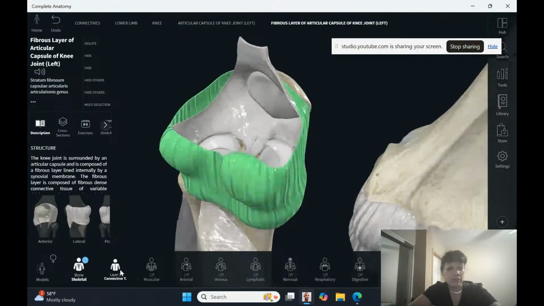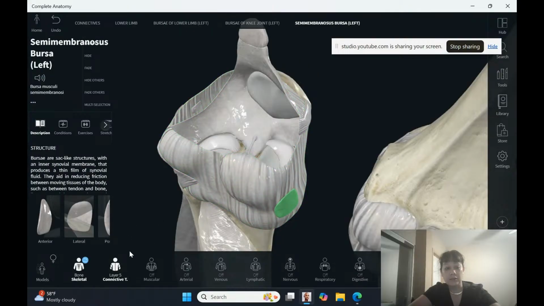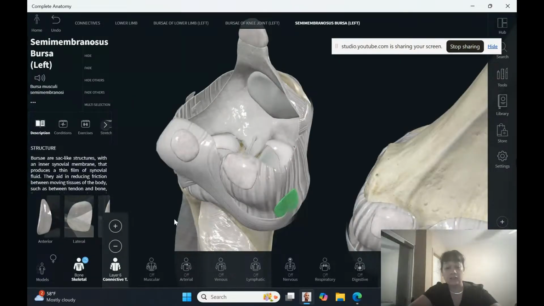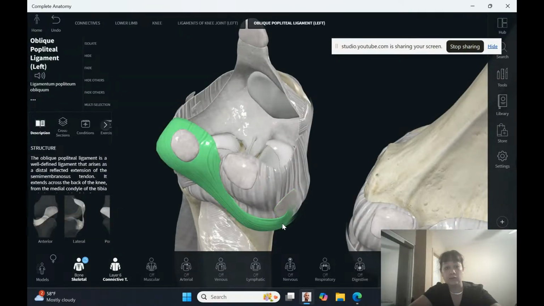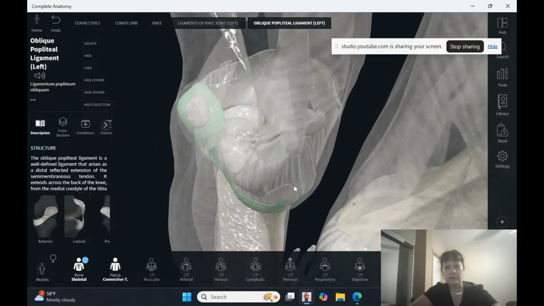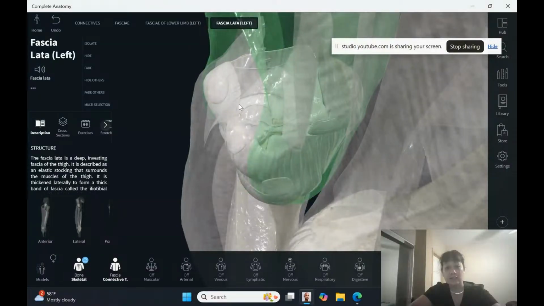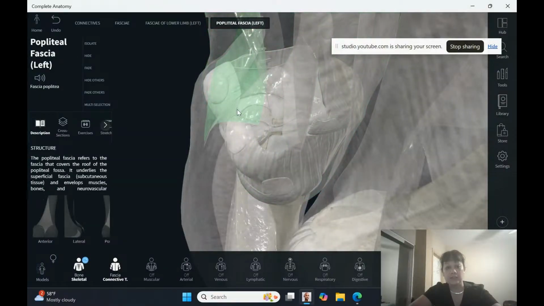So let's add another layer of connective tissue. Let's see, is that the attachment? No, that's a bursa. That's under a tendon. So, oblique popliteal. There are so many layers of connective tissue. Now we've got our deep fascia, our fascia lata, popliteal fascia.